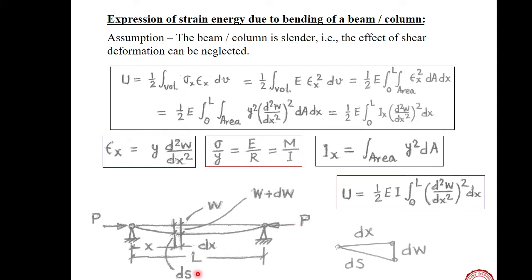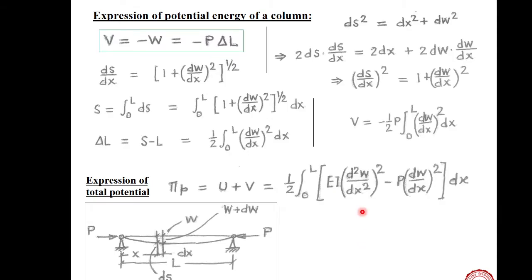Now you see this capital S will come from the integration of this ds, is it not? Yes. Okay. Because over this element dx we have a deflection dw. Now this length along this arc, elemental arc length, we are considering as a straight line, which is ds. Yes. So what is this ds square? Pythagoras theorem, dx square.